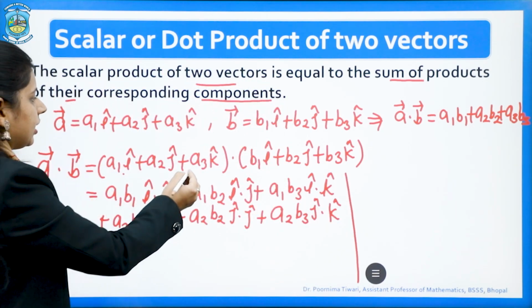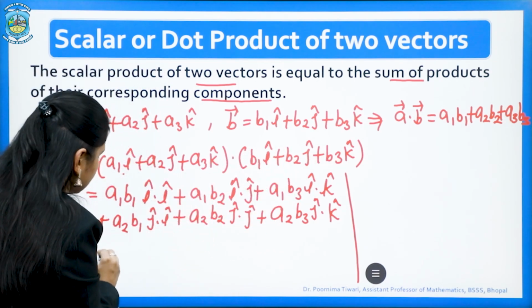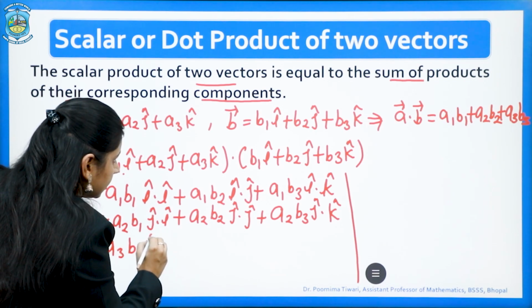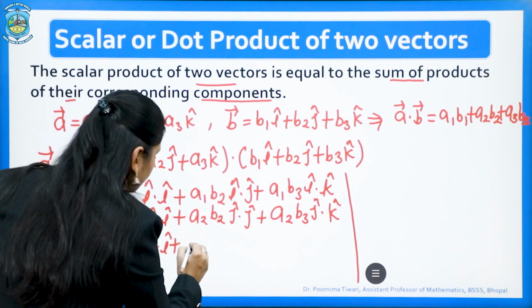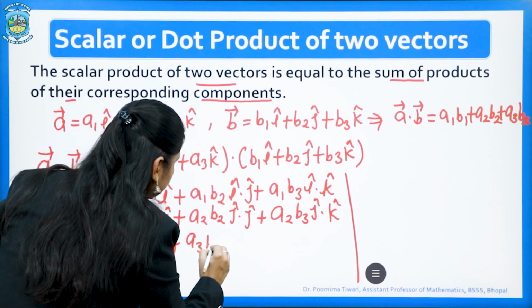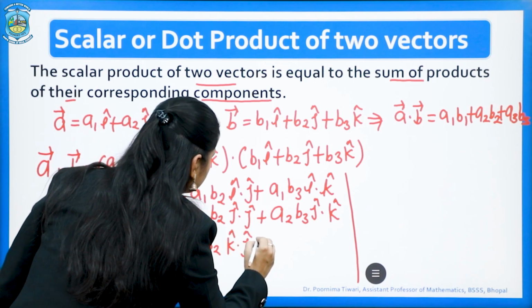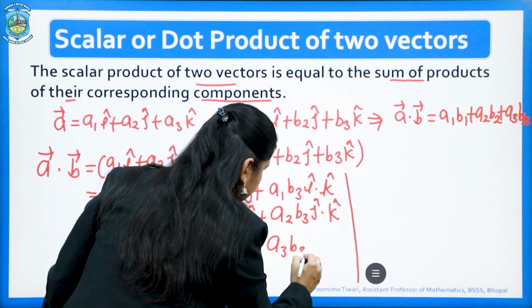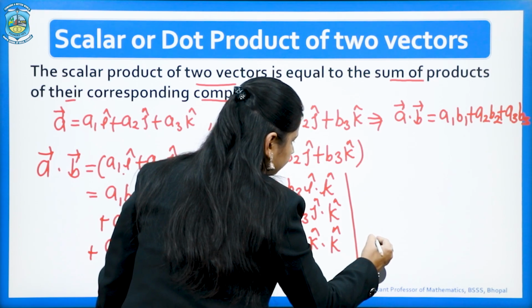And then we will apply the last term with all three terms. So, plus a3 b1 k cap dot i cap plus a3 b2 k cap dot j cap plus a3 b3 k cap dot k cap.